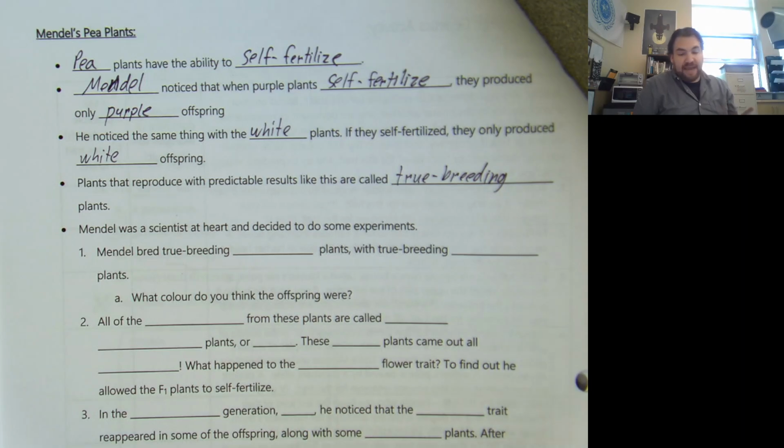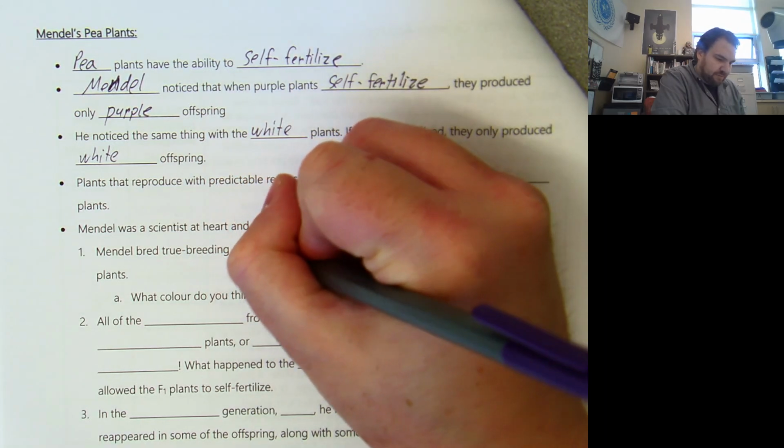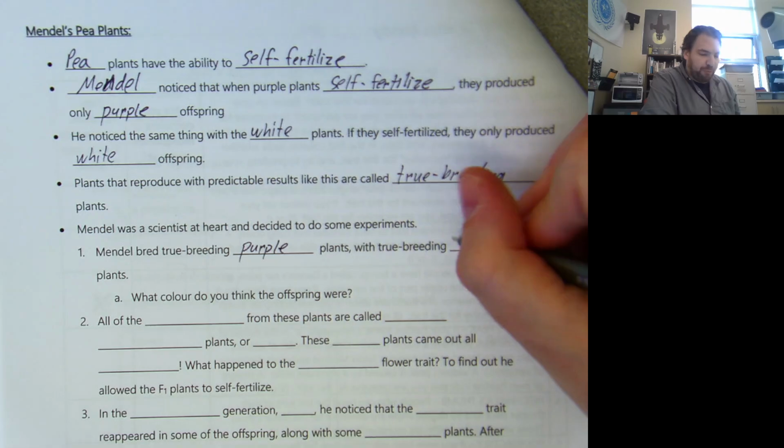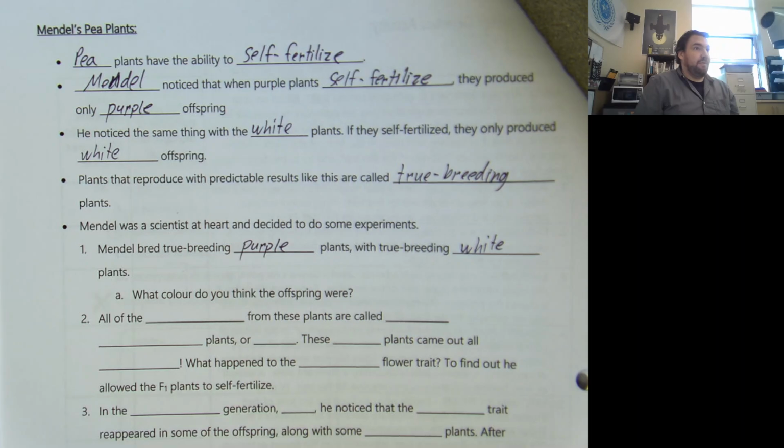What he did is he bred true breeding purple plants with true breeding white plants. You would do what I was describing before. You take the pollen from one and you give it to the other. The pollen is effectively sperm. Pollen is plant sperm.